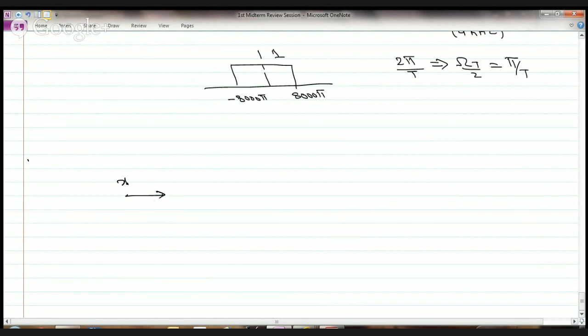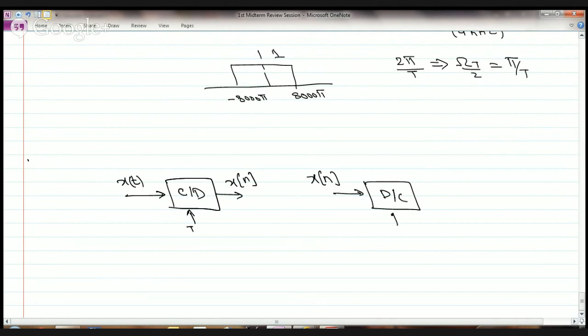So what you are given is an x(t). You are doing sampling of that to get x[n]. And then you are passing it through an ideal reconstruction filter, that is what sinc interpolation is, with the same time period to get x hat of t.